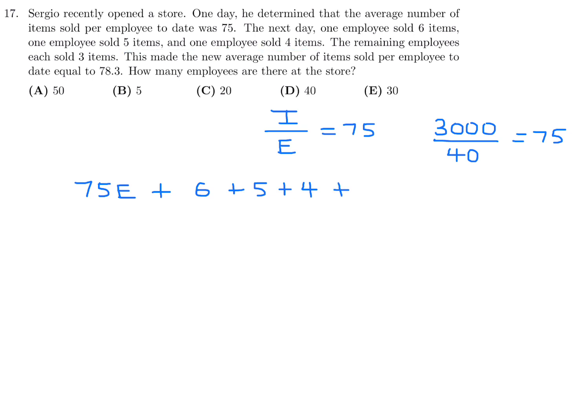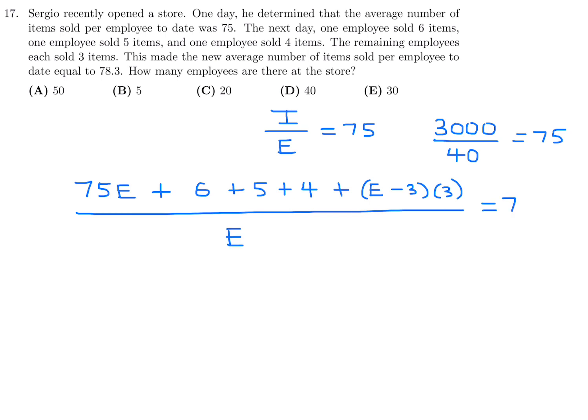And plus the fact that 3 items per the remaining employees. We've already talked about 3 of them, these 3 guys. So there's E minus 3 remaining, and each of those sells 3 items. And then this new average, you have to divide, of course, by the number of employees, is 78.3. So this is the algebra we have to do.